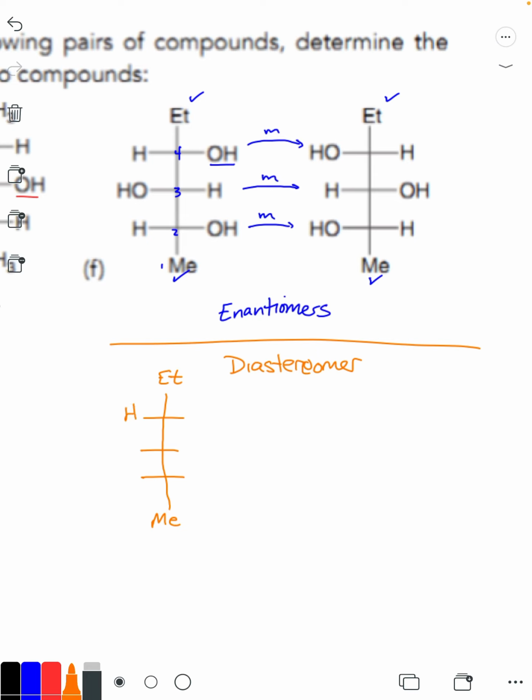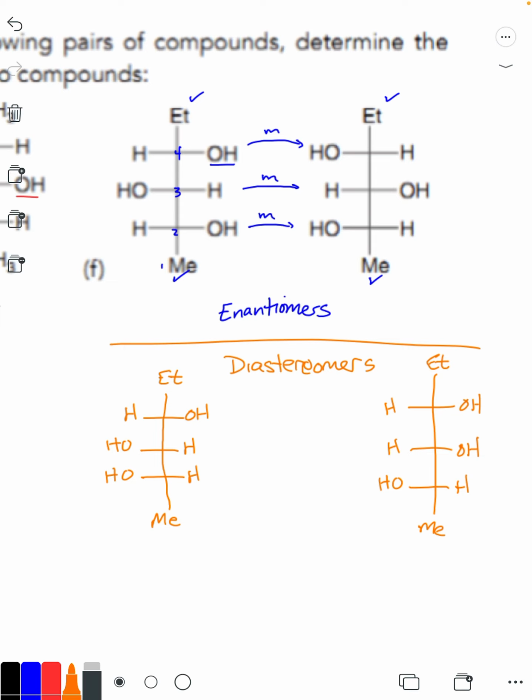So maybe I choose to draw this one where I have mirrored only the stereocenter drawn at the bottom on carbon 2. Maybe I decided I wanted to draw another one. And maybe in this case, I want to mirror the middle. Oh, heck, maybe I'll mirror both of these. Okay. Any combination of these are going to be diastereomers of the molecules drawn up above.